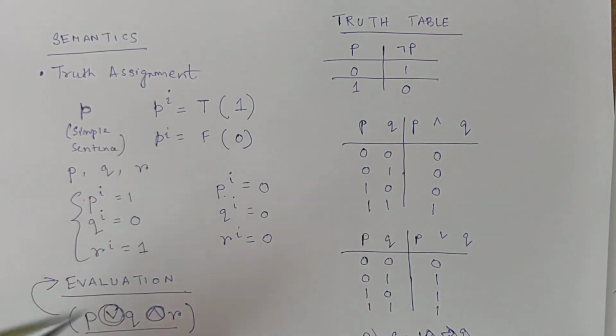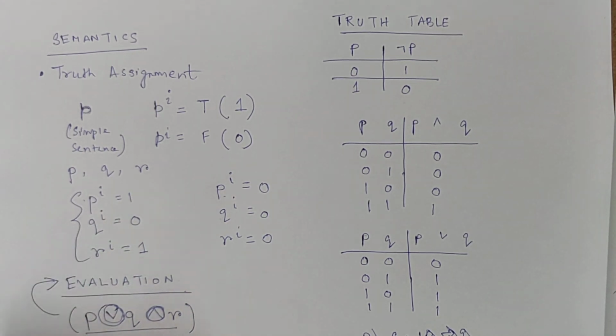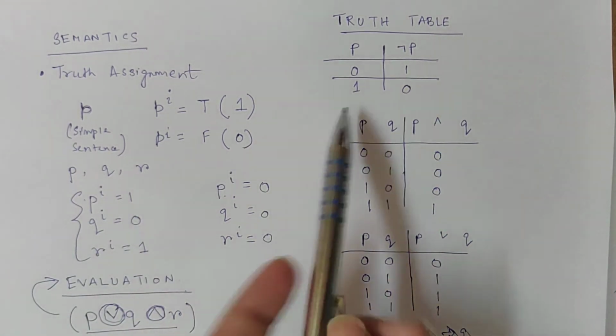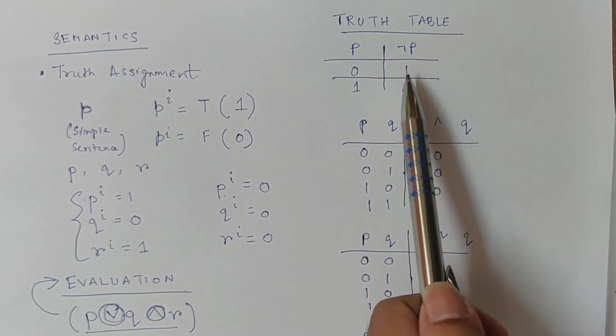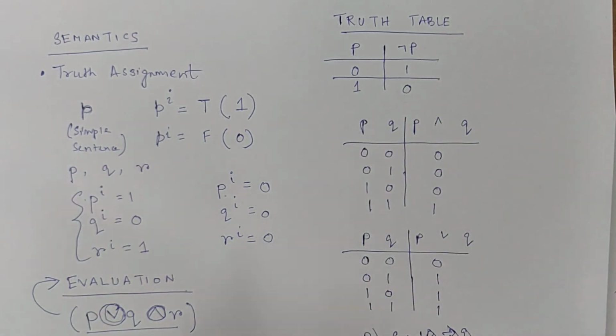Propositional logic is two-valued, either true or false. So truth tables help us give these symbols or connectives a meaning. How? The first connective is the negation or the not operator. So you can see the truth table.